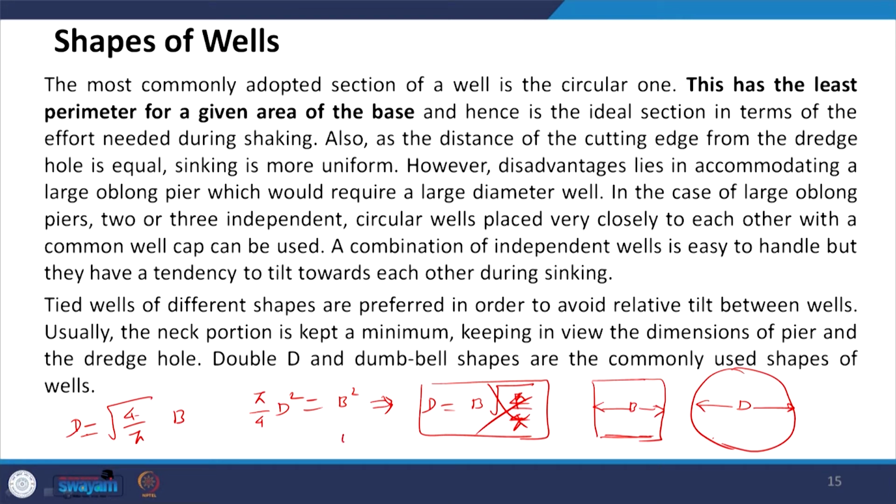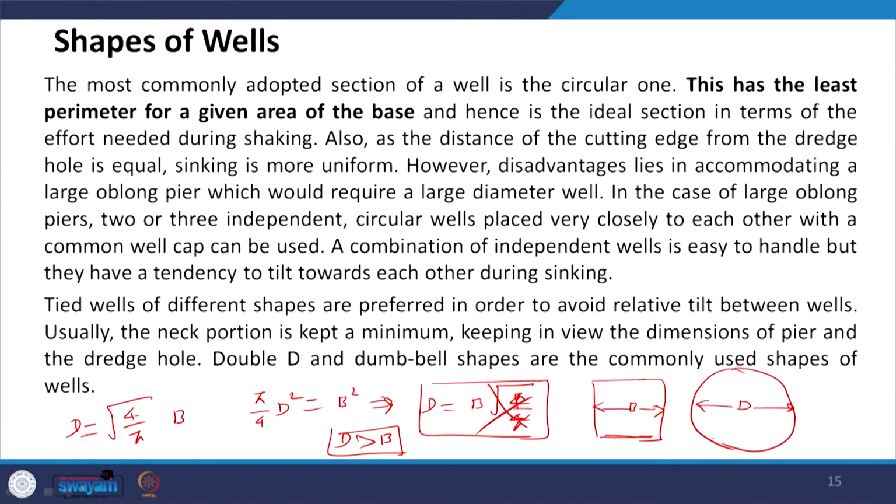So, D is going to be greater than B for the same area, and as a result you are going to get a higher perimeter for the square section compared to the circular section.